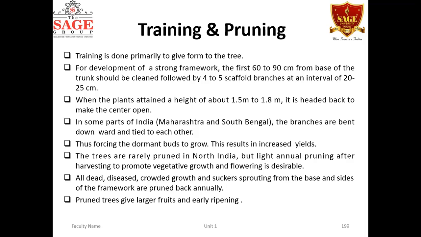In some parts of India, Maharashtra as well as South Bengal, the branches are bent down and tied to each other. This is especially practiced because Guava has erect growing branches. Sometimes, in most varieties, the branches will be erect growing. That is the tendency of apical dominance.